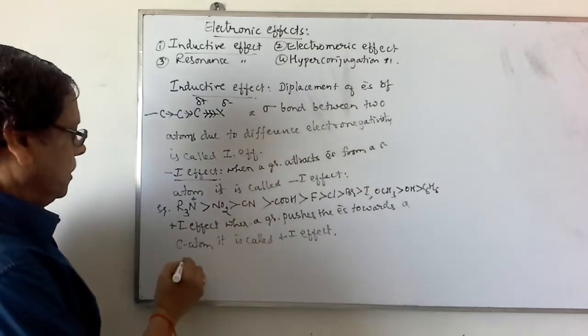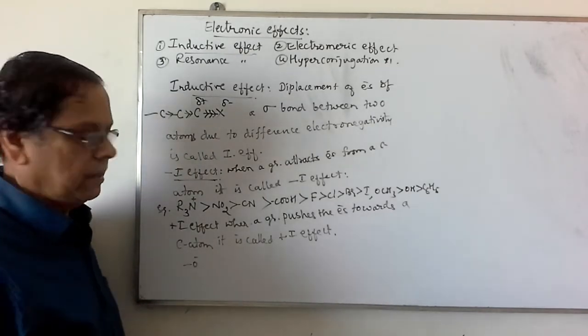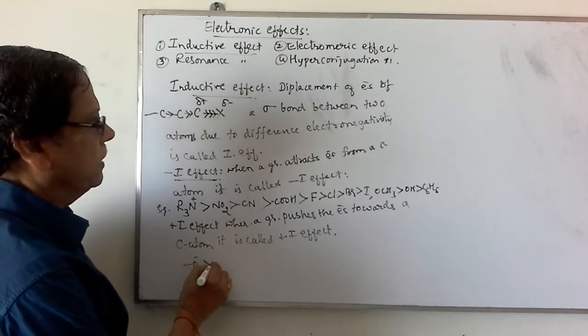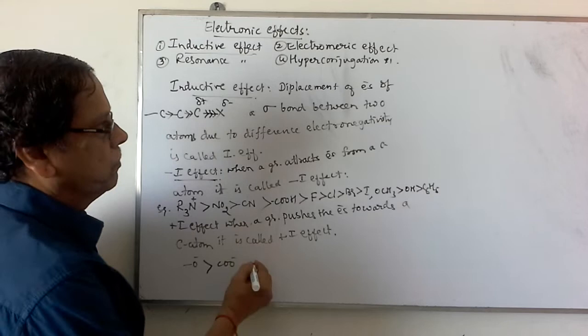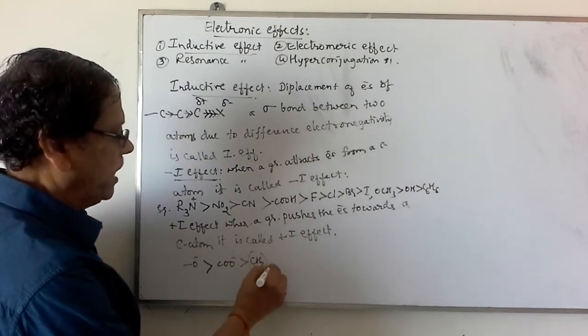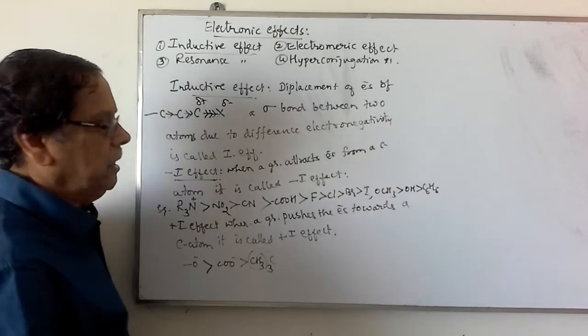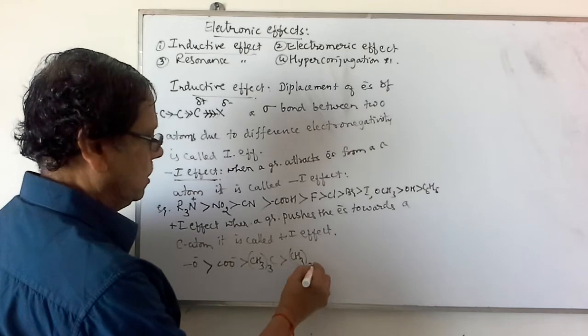For example, if you consider this oxide ion, O minus, it is having more effect than the COO minus. It is more than the tertiary butyl, CH3 thrice C, which in turn is more effective than CH3 twice CH.